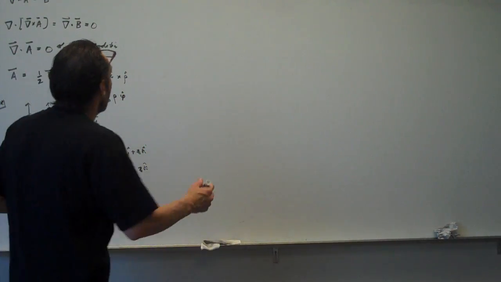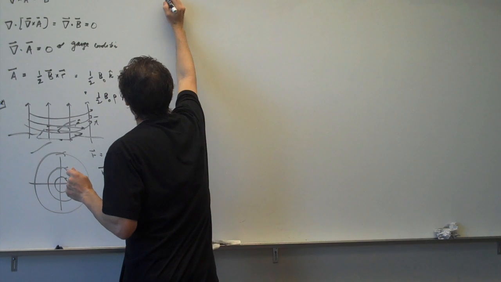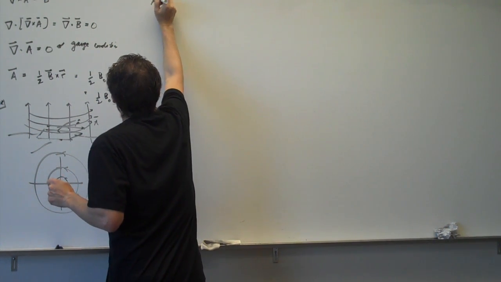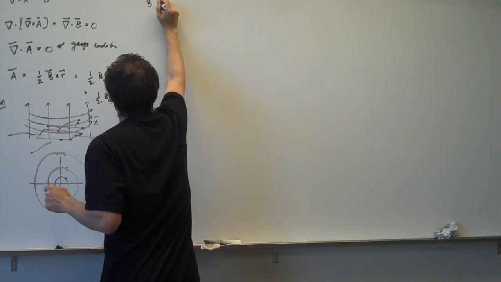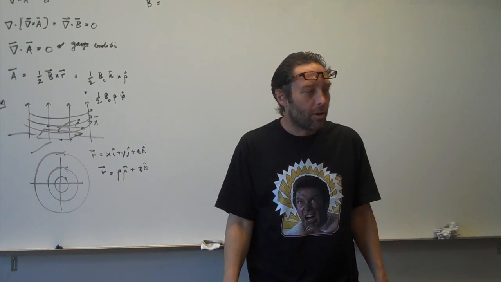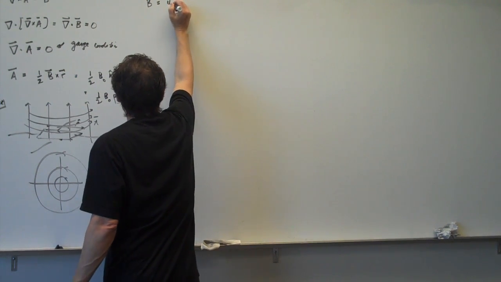For a single magnetic dipole, we can find what A is from B. Let's do that very quickly. I know B from a monopole. I keep saying monopole. Edit that out. Dipole. Okay, dipole. Mu naught over 4 pi. But there is no monopole.